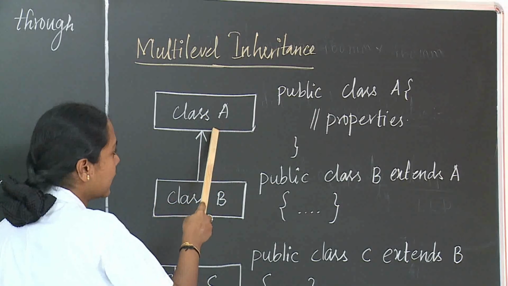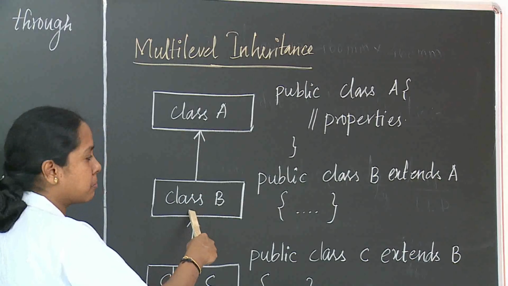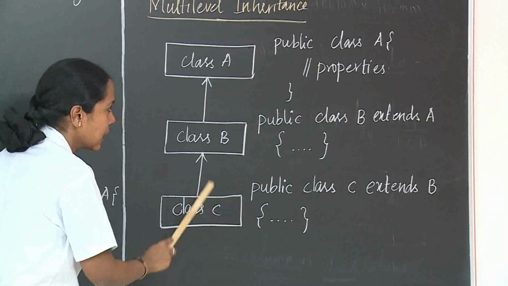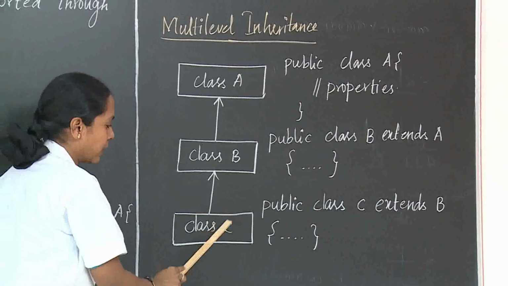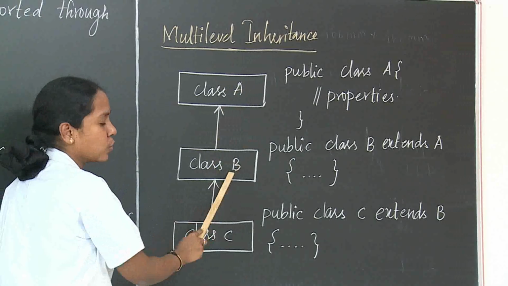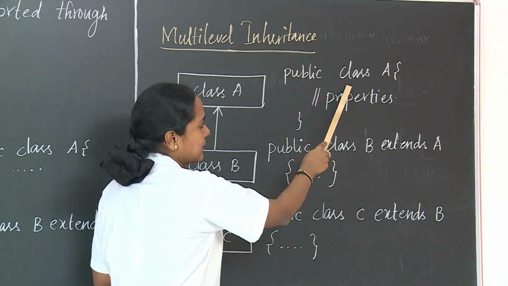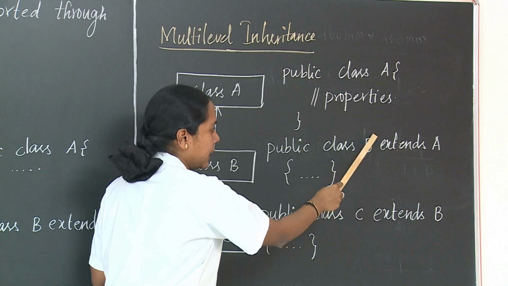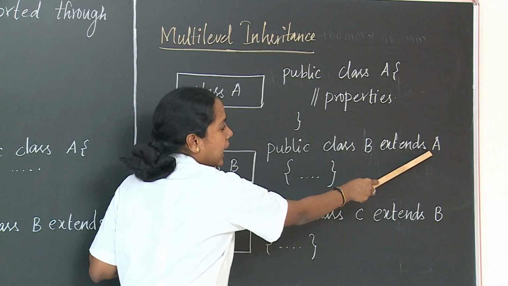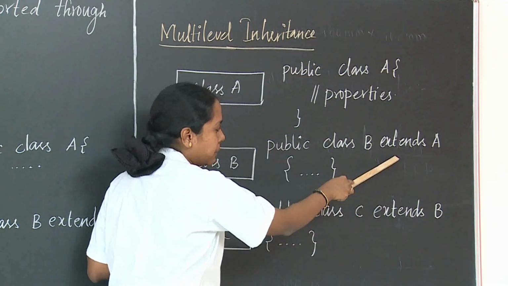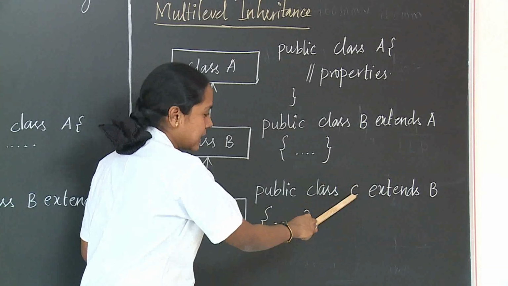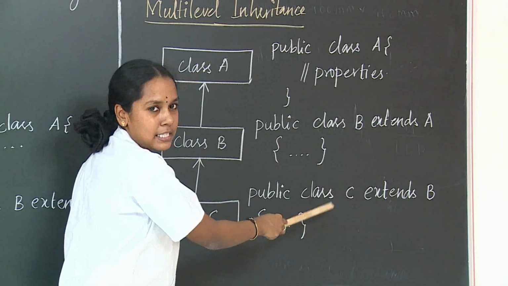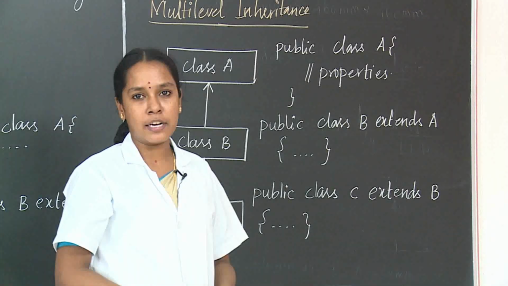Okay, so class A: here I access class A's properties from class B, and class B's properties from class C. Be clear about it: I can't access class A directly through class C. I can access only class B through class C, and class A through class B. Here the example: public class A, where I use some properties, and public class B which extends only class A. Second one is public class C which extends class B. So I can't access the properties of A directly in class C. So be clear about it. This is called multi-level inheritance.